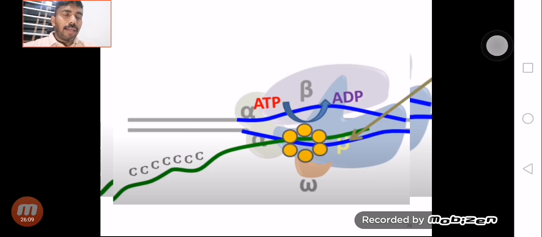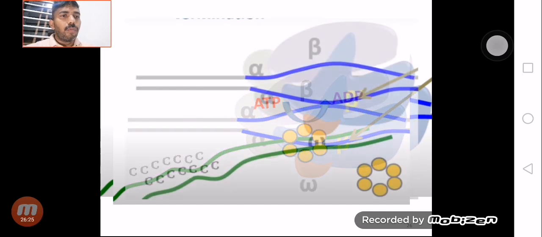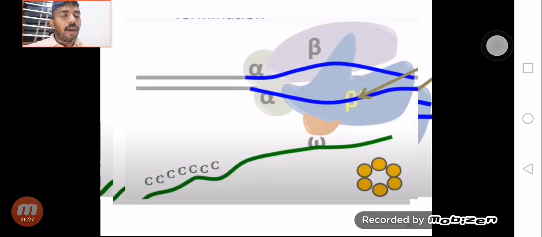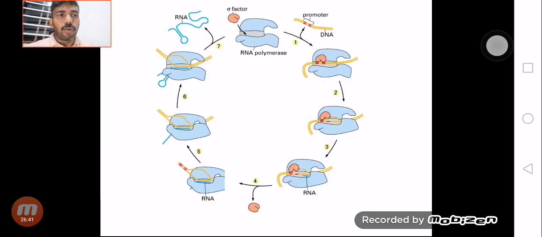Once they reach the hybrid region, since they have helicase capacity, with the help of the helicase activity they unwind the duplex, that means here the duplex is the DNA-RNA hybrid, so the duplex will unwind, which causes a release of the RNA molecule from the duplex. So this causes termination in the case of the rho dependent mechanism. So it's an energy consuming process with the help of an external protein called rho protein.